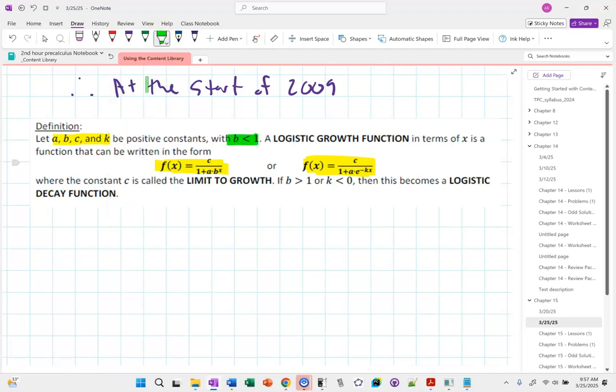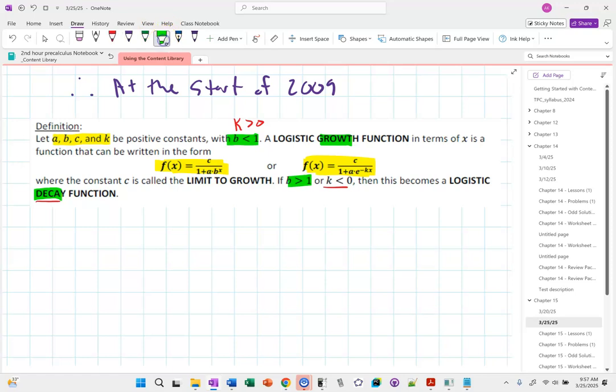When b is less than 1, so between 0 and 1, we call that logistic growth, and when it's bigger than 1, it's decay. Similarly, if the k is positive, it's going to be growth. If the k is negative, then it's going to be decay.